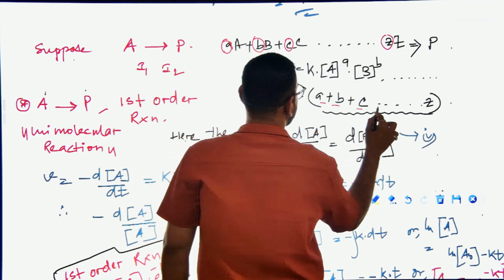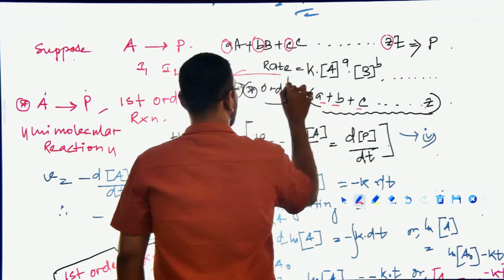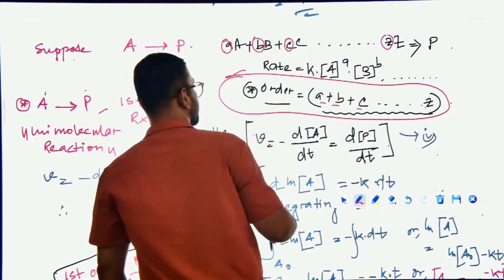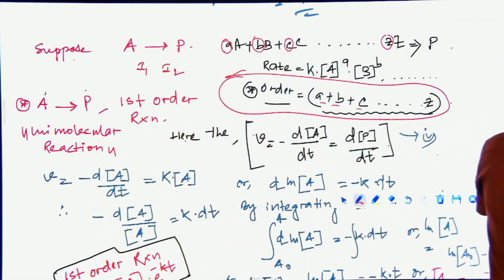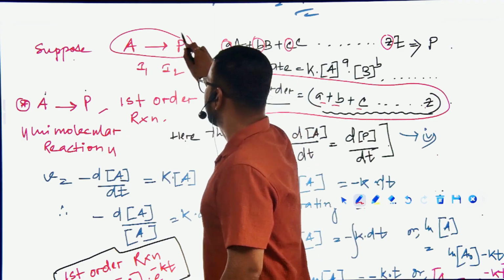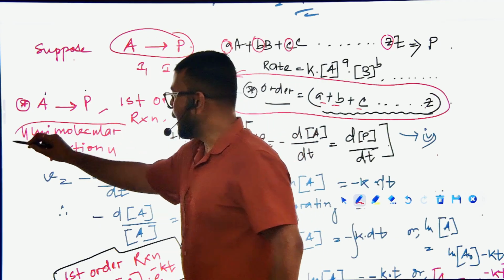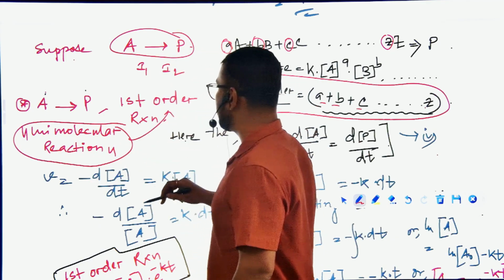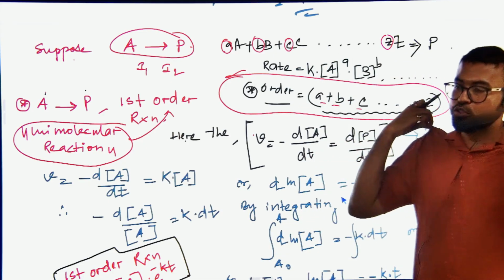So a plus b plus c up to z, that should be the overall order of the reaction. That is why it is stated for this reaction, it is a unimolecular reaction and that belongs to first order.